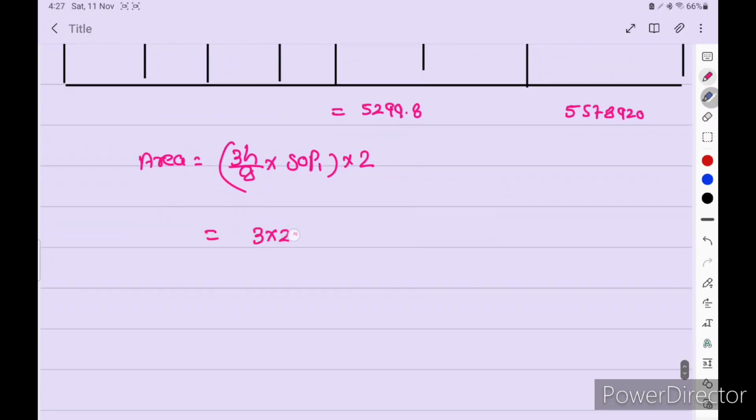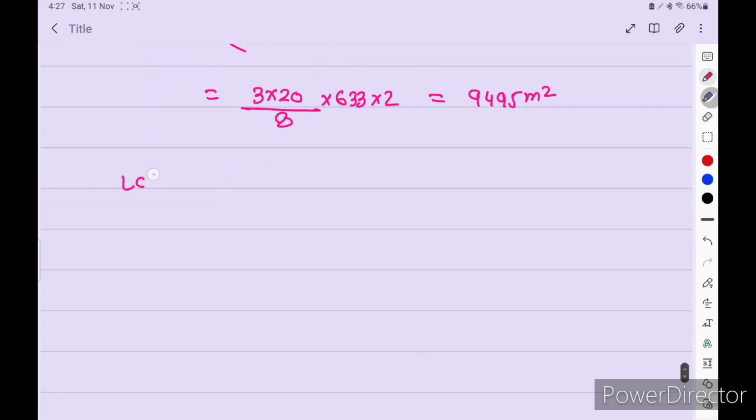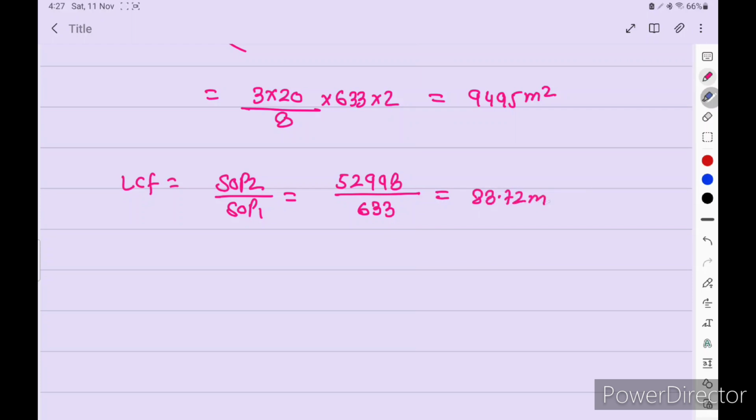So 3 into 20 divided by 8 into 633 into 2 equals 9495 m square. LCF is equal to SOP2 divided by SOP1. 52998 divided by 633 is equal to 83.72 meter.